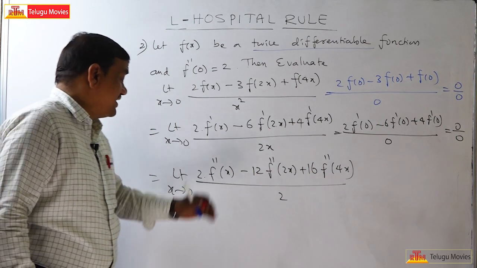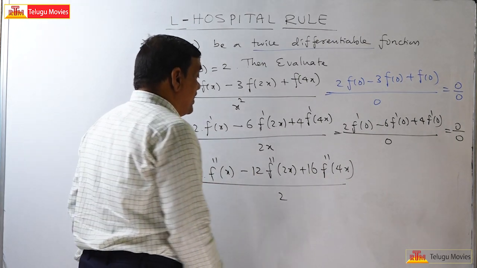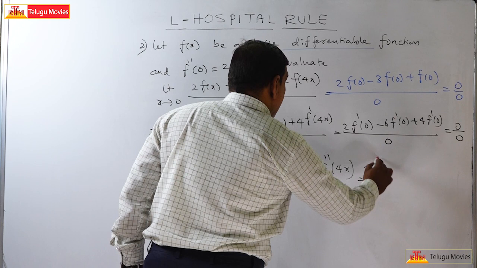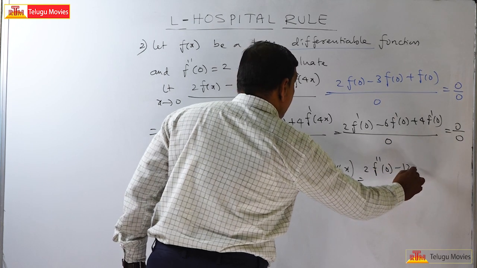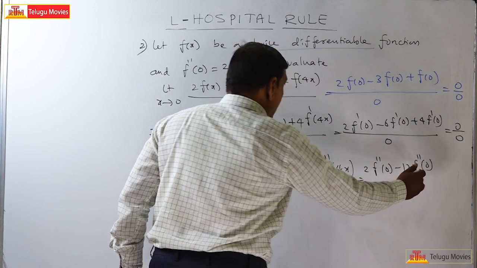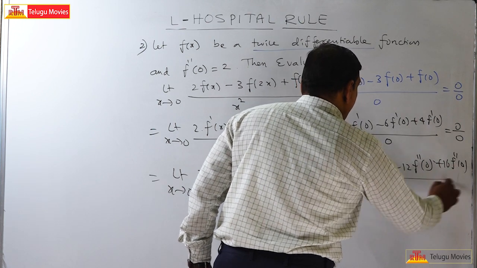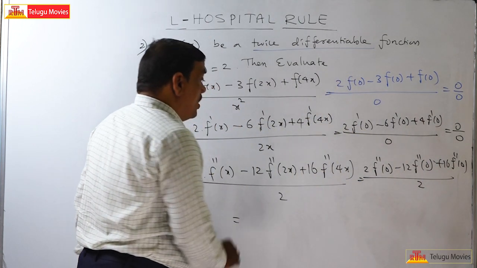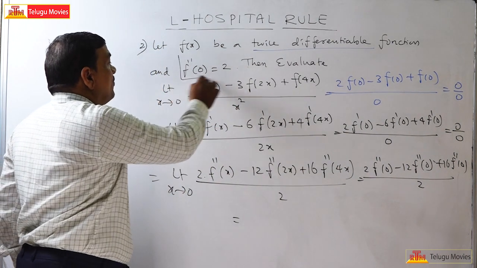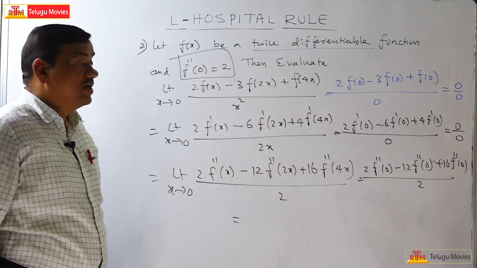Now as x value approaches 0, substitute here. So this is equal to 2 times f double dash of 0 minus 12 times f double dash of 0 plus 16 times f double dash of 0, whole divided by 2. Already it is given that f double dash of 0 is equal to 2.